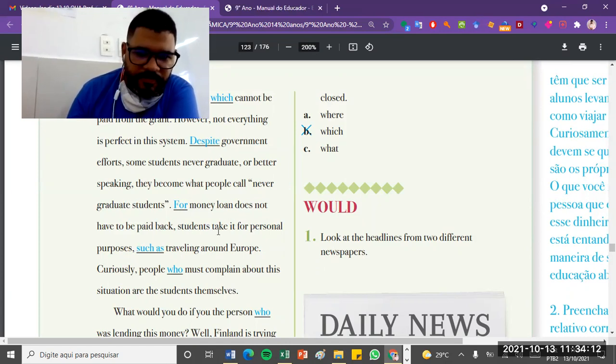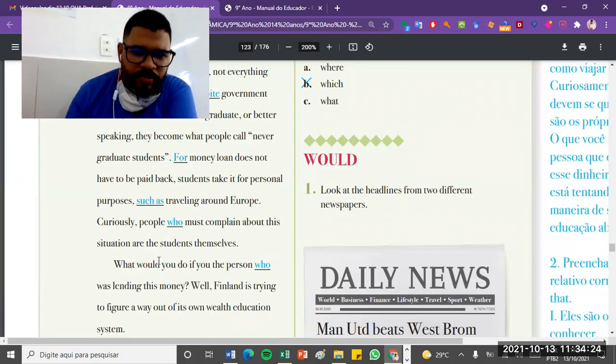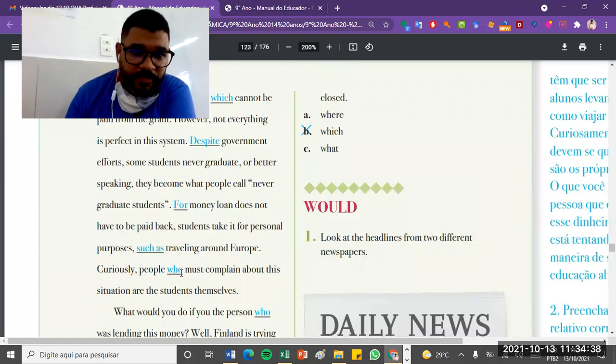The students take it for personal purposes, such as traveling around Europe. Curiously, the people who must complain about the situation are the students themselves. What would you do if you were the person who was lending this money? Well, Finland tries to figure a way out of its own education system.